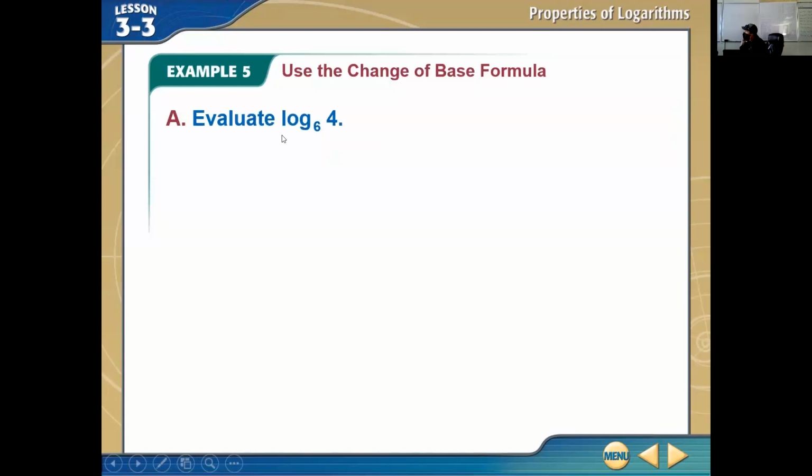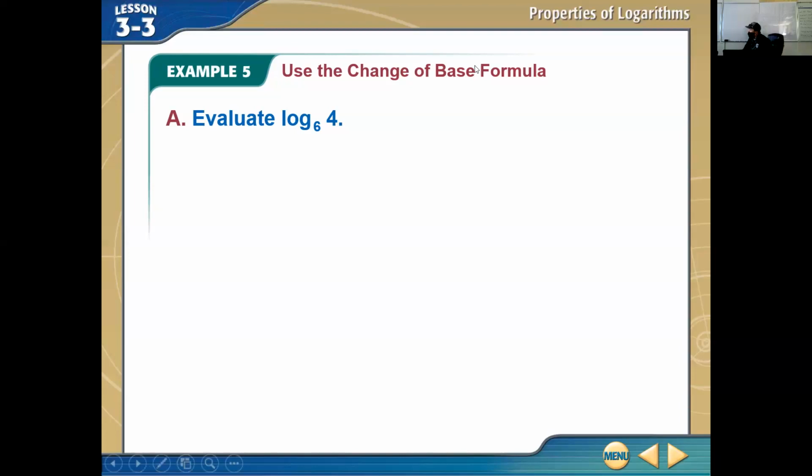Okay, so evaluate log base 6 of 4. It's not a common log, it's not the natural log, so naturally we wouldn't be able to really solve this. It would be very tough to figure out the exponent that we would have to raise 6 to get 4, right? You can't really do that mentally.